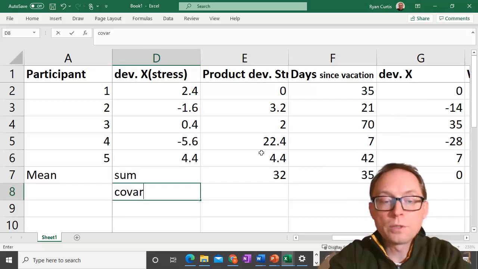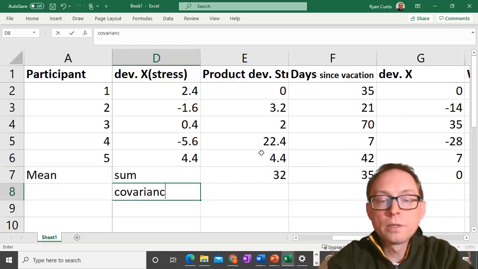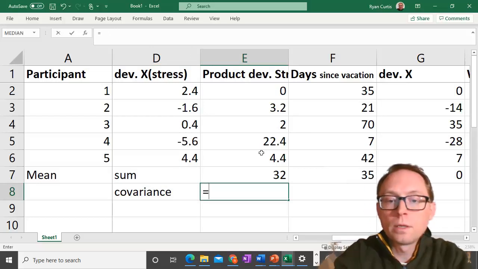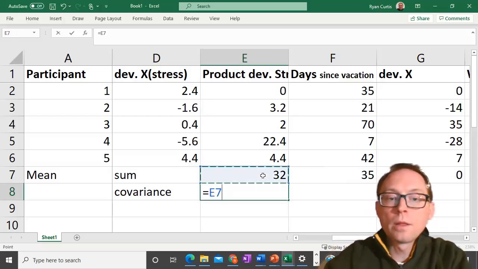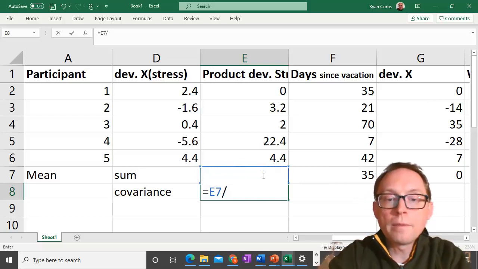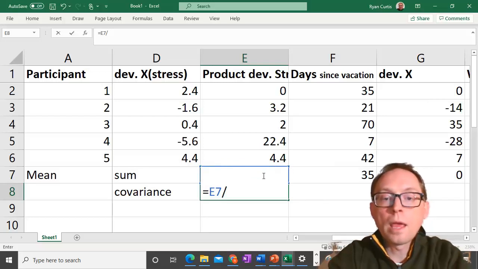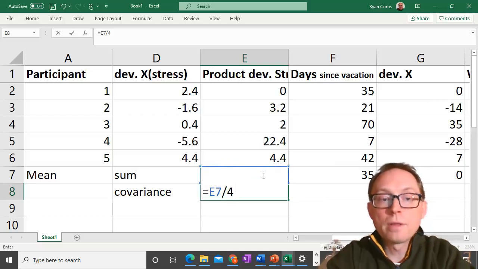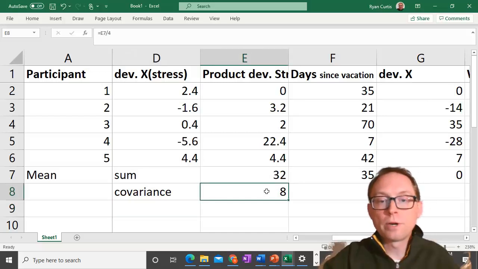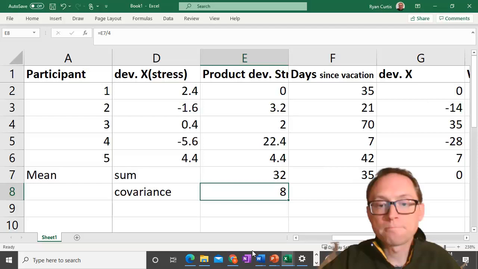So the covariance between stress and weeks is going to be 32, the sum of each of the product of deviations, divided by n minus 1. N is 5, n minus 1 is 4. 32 divided by 4 is 8. Good.